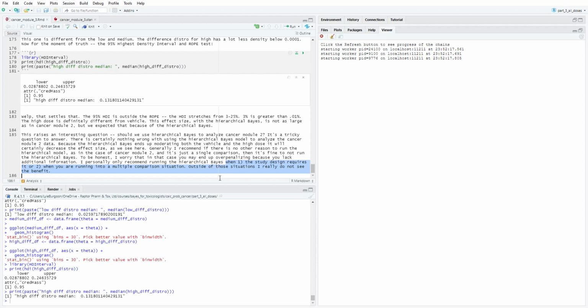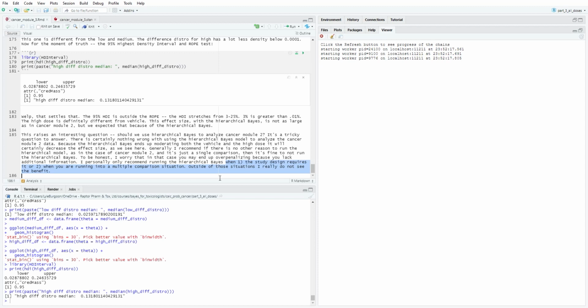Well, the issue becomes we're going to end up moderating the vehicle, which we did here, and the other dose without any other information available to us. My concern is that if I have no other groups adding information into the hierarchical model, we're going to overdo it, over-moderate, over-penalize because of this lack of information.